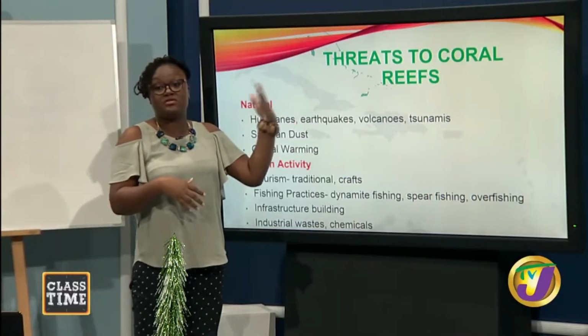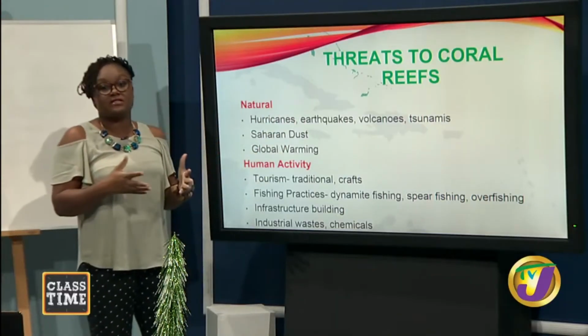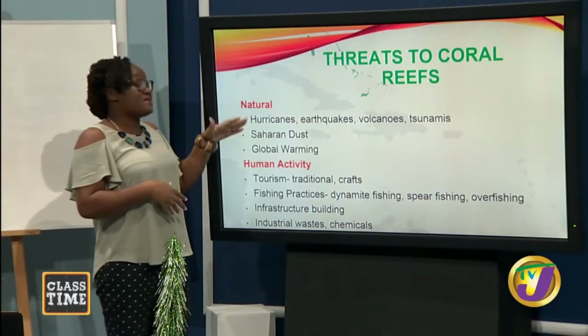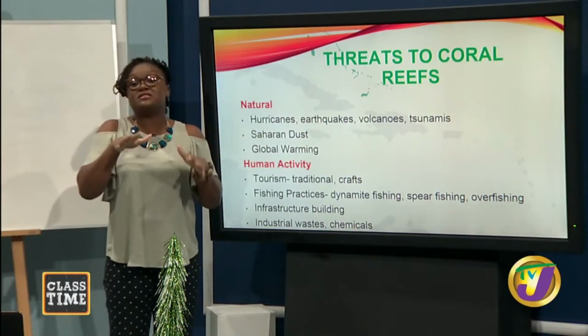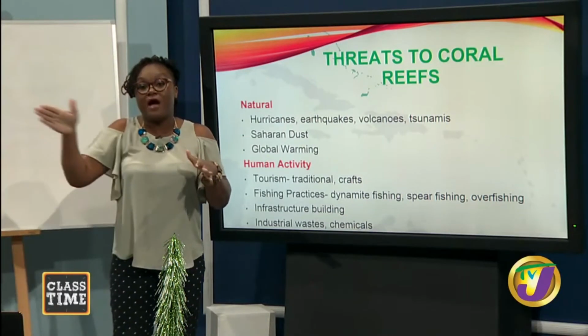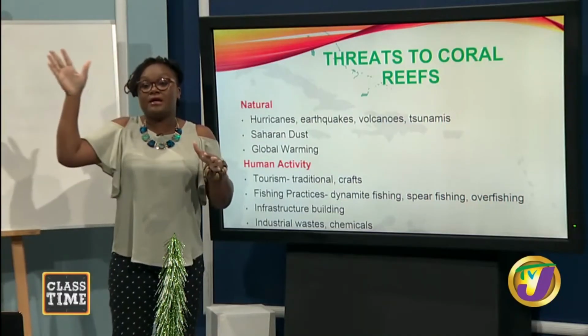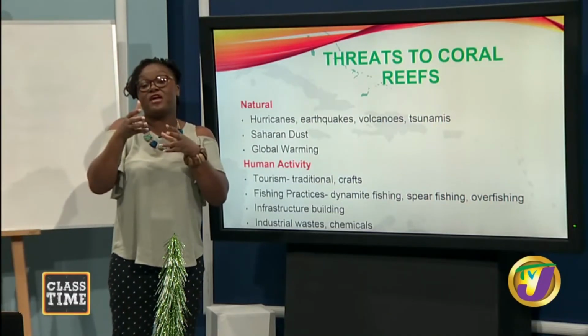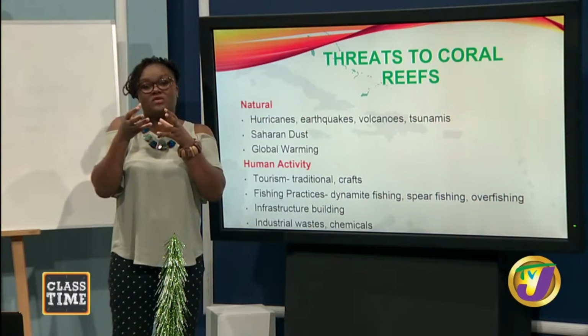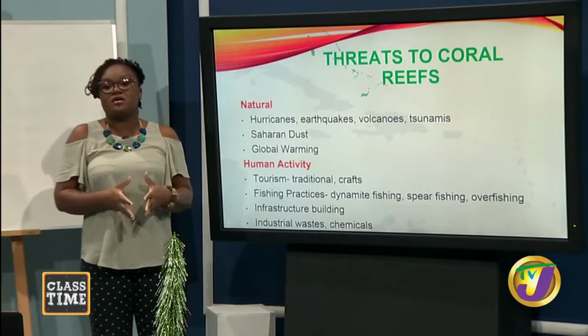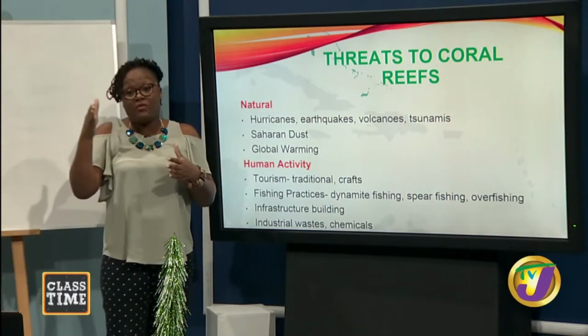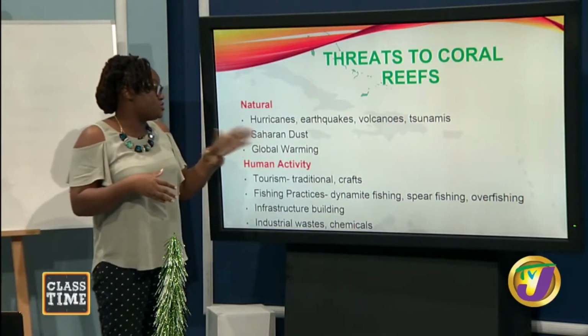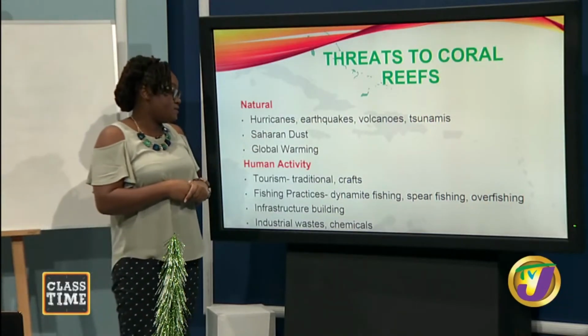Earthquakes too, volcanoes, tsunamis, all of those can affect the reef. All right? The Saharan dust in the dry season that comes off Africa and travels through. This year we had a lot of it. It can also damage the coral reefs, right?